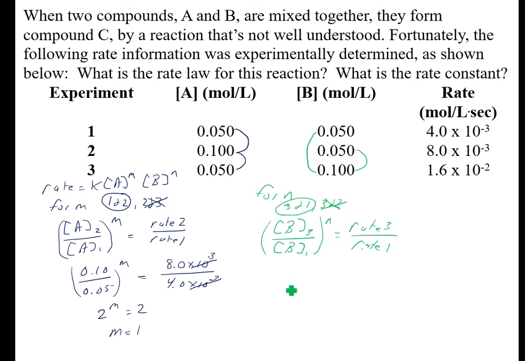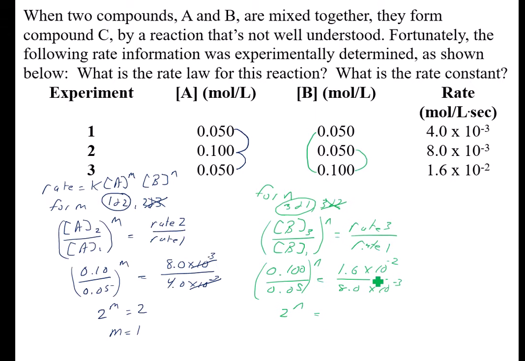Now I will put in numbers. So I have 0.1 divided by 0.05 and I have 1.6 times 10 to the minus 2 over 8.0 times 10 to the minus 3. This is to the N. So 0.1 divided by 0.05 is still 2.